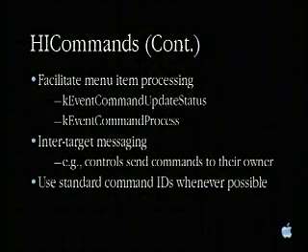We also use HI commands to deal with menu item enabling and disabling. We'll talk about this a little bit more in the Windows and Menus talk tomorrow. But essentially, whenever a menu is about to be displayed, for each item in the menu, we send out kEventCommandUpdateStatus events. This is your cue to actually do something with the command in the menu.